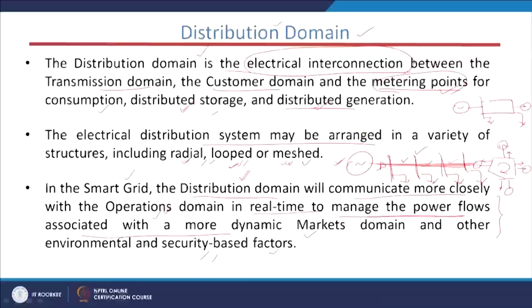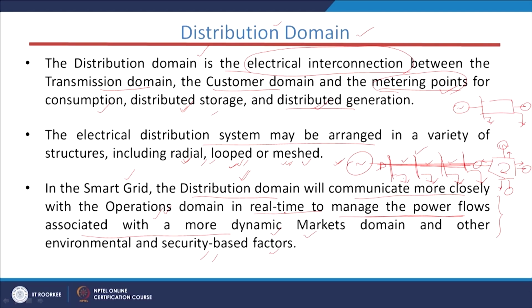not on an offline basis. And why is it so? Why is this access very essential? Because we have to manage the power flows associated with more dynamic markets, because nowadays the market should be dynamic, it should not be static. As we are aiming for the smart grid system, our market should be dynamic in nature.